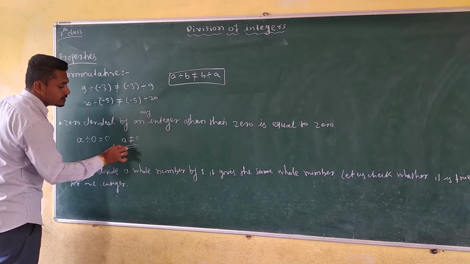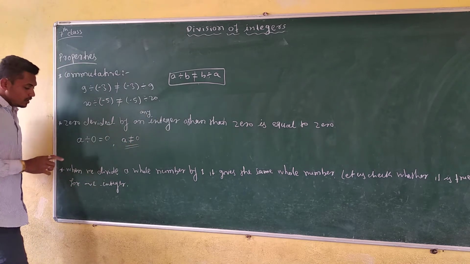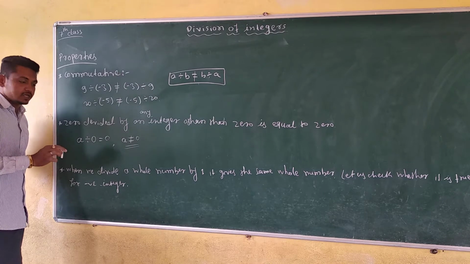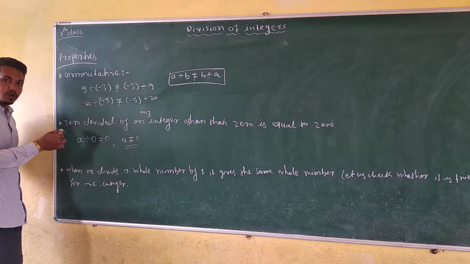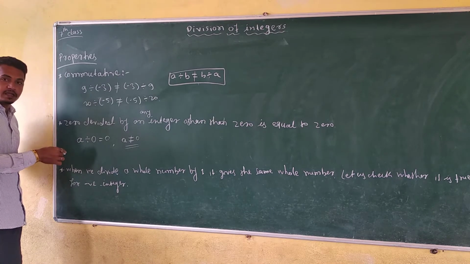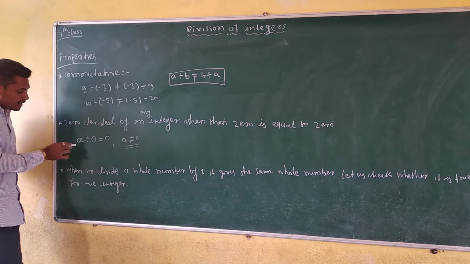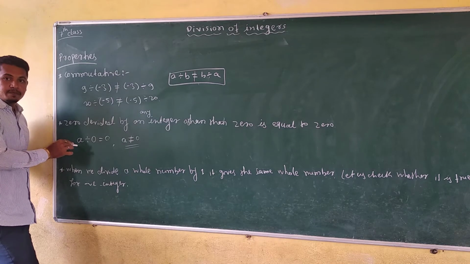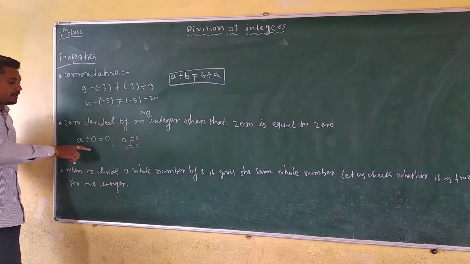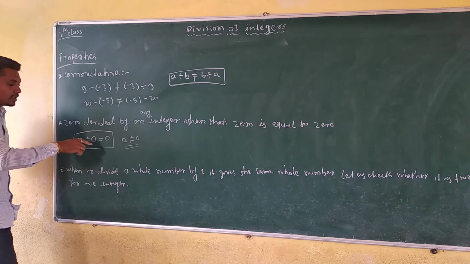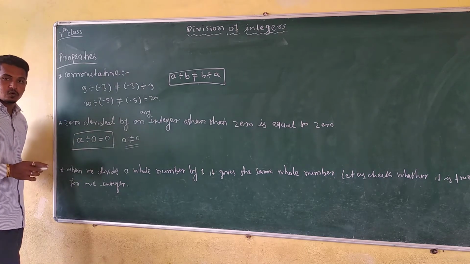This is the condition: A is not equal to 0 and A is any integer. It may be plus 1, minus 1, plus 2, minus 2, plus 3, minus 3, and so on. But it is not equal to 0, and 0 divided by any such integer is equal to 0.